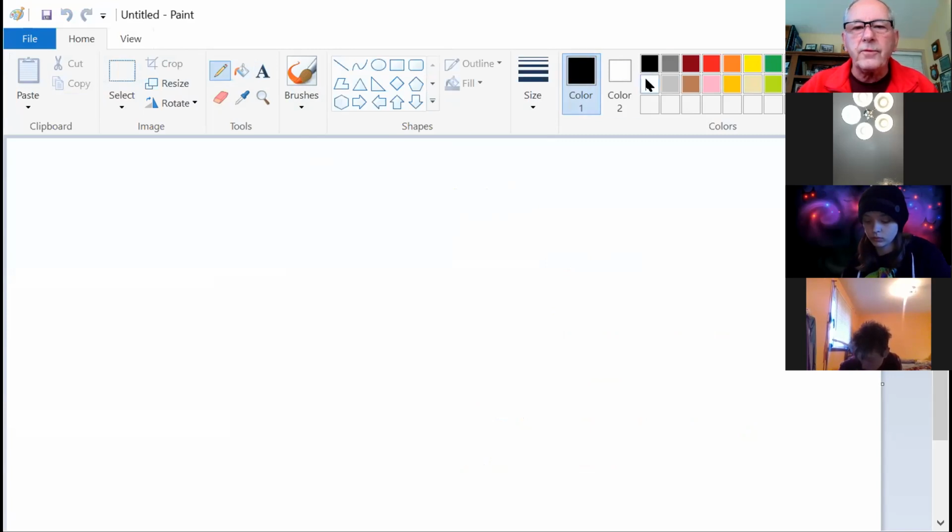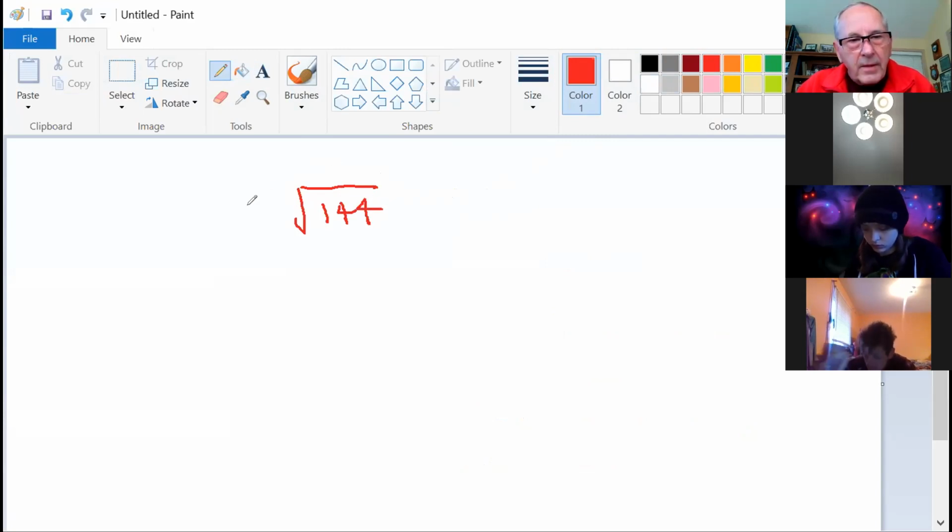It looks like this, right? And you had 144 in here. This thing is equal to 144 to the 1/2 power, which is the square root of that.